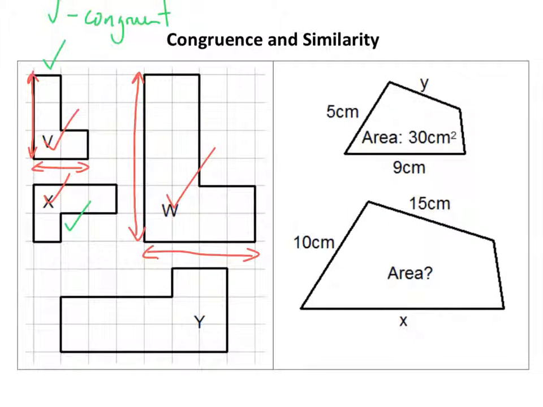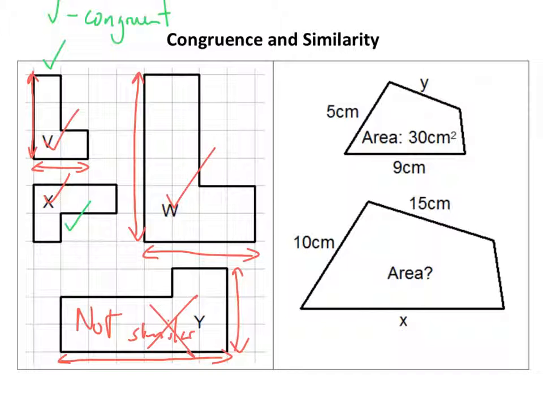So all the lengths have been doubled. That's fine. Now, this one down here is none of them. Can't have that one because even though it's 6 along, it's only 3 high. So it's not adding or subtracting or anything, it's always multiplying by a scale factor. So not similar.